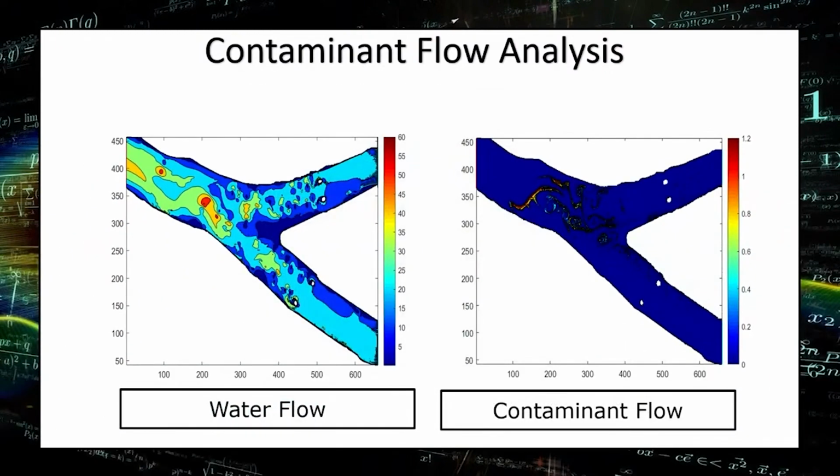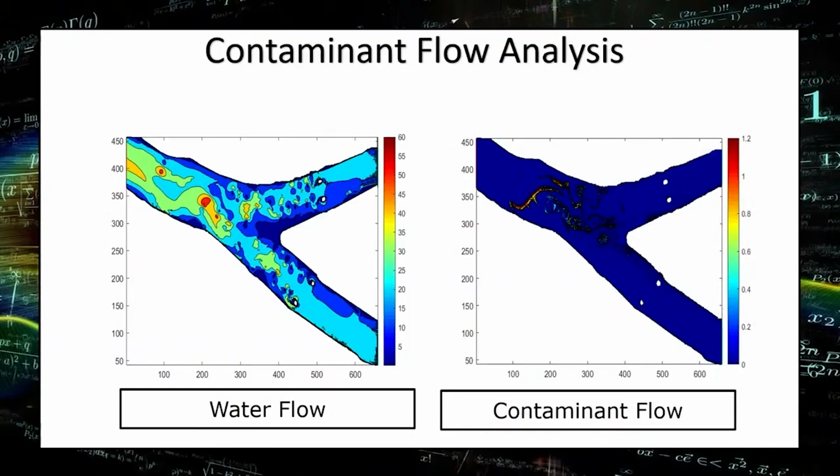So on the left, you see how the water would flow in the river, and on the right, you see how the contamination would follow that flow. And so an environmental or civil engineer could use this to help inform them when to test, where to remediate, okay? And so that's what the engineer would do, right? I, as the mathematician, though, just made this tool, all right?